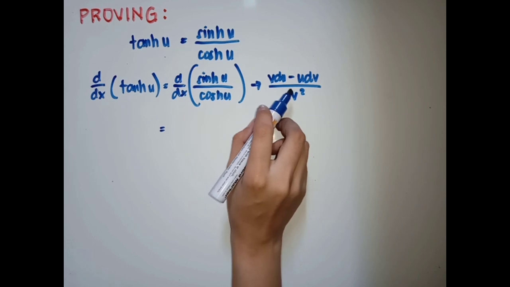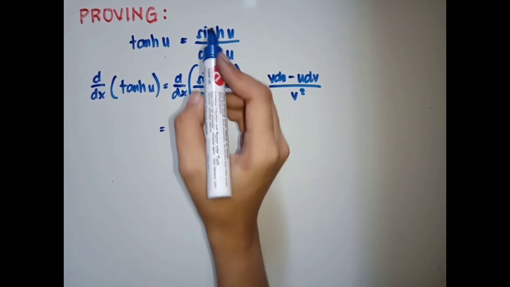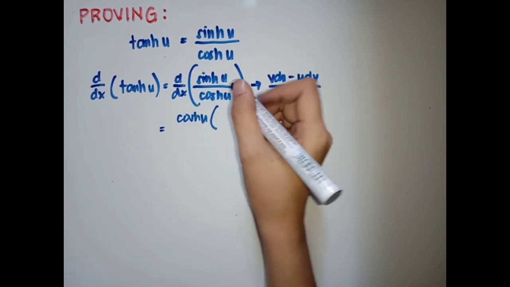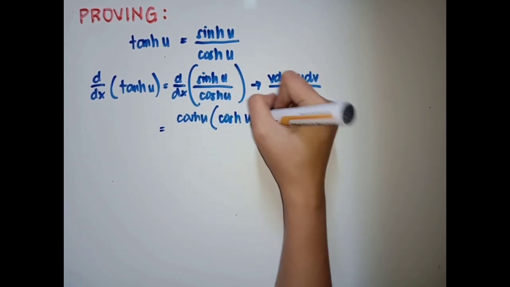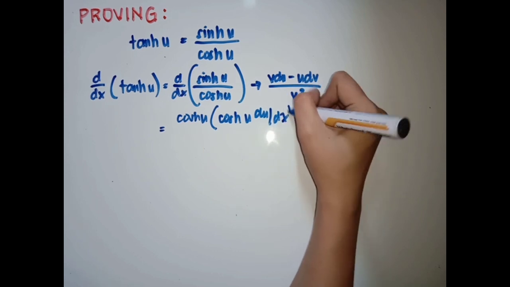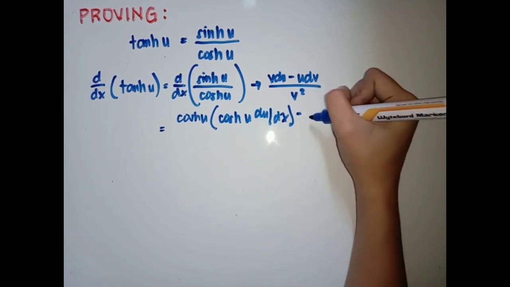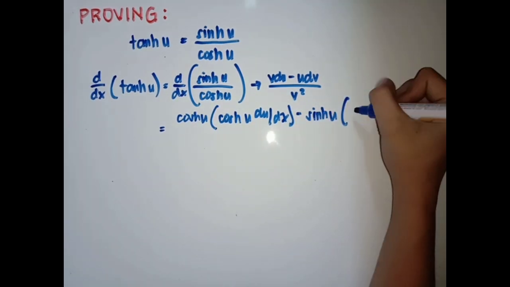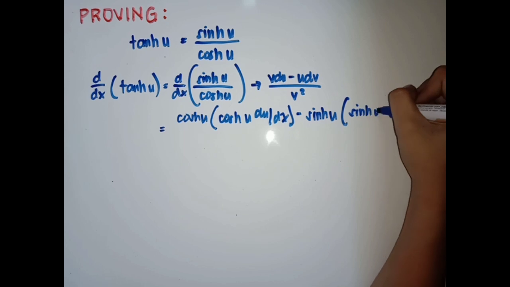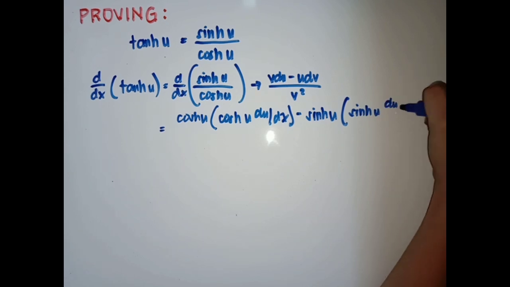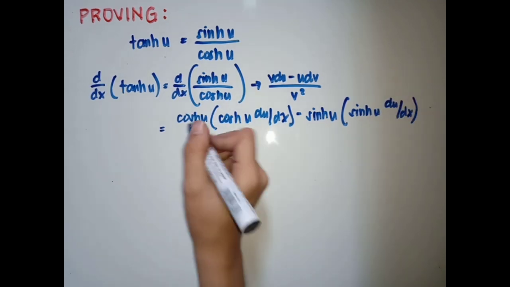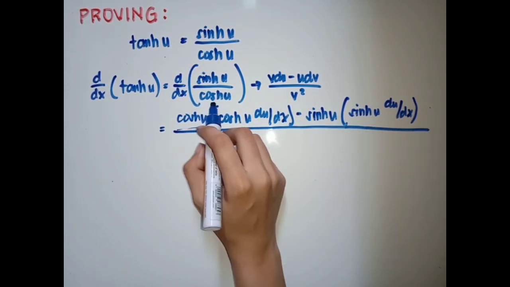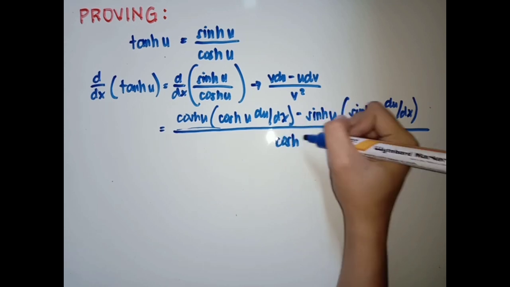So, ato ning i-differentiate using this formula, we have hyperbolic cosine u times the derivative of hyperbolic sine u, minus hyperbolic sine u times the derivative of hyperbolic cosine u, over squared ning hyperbolic cosine u.